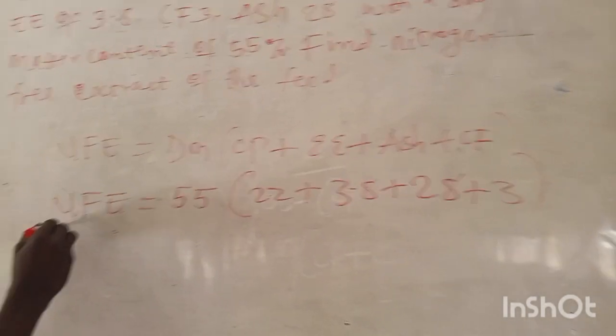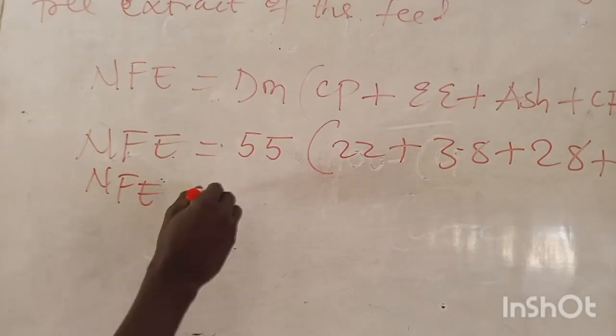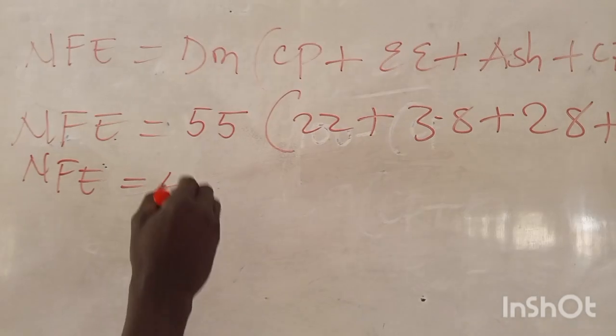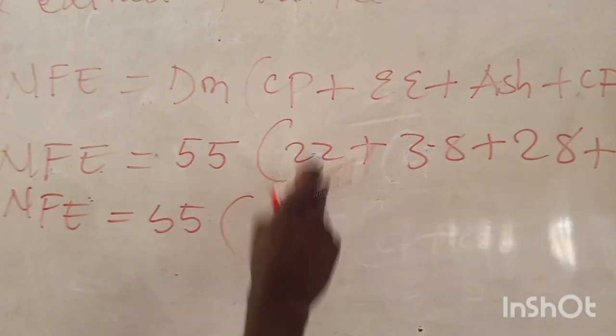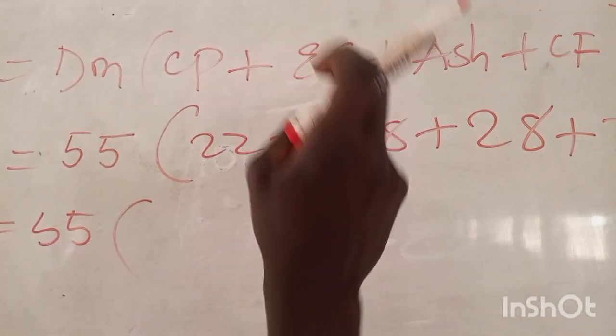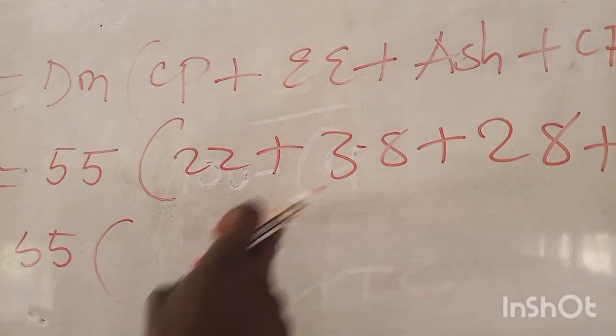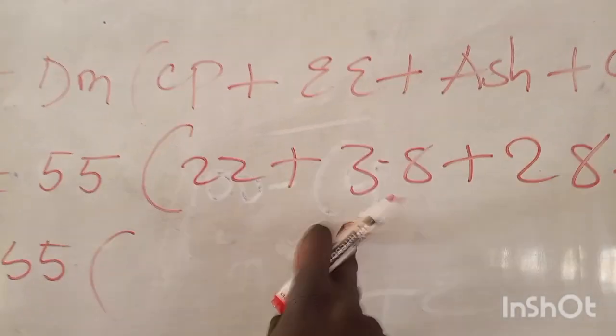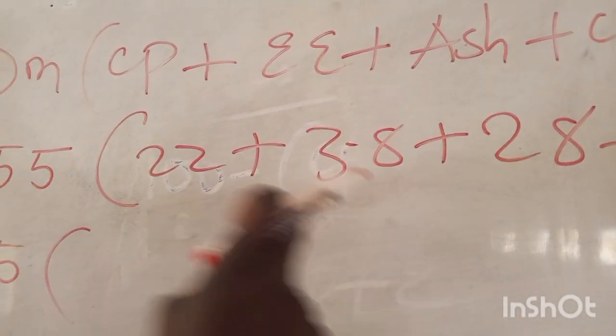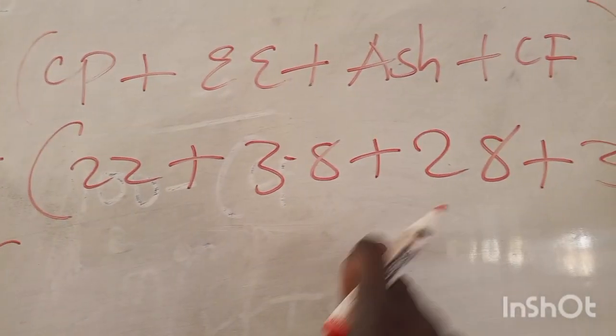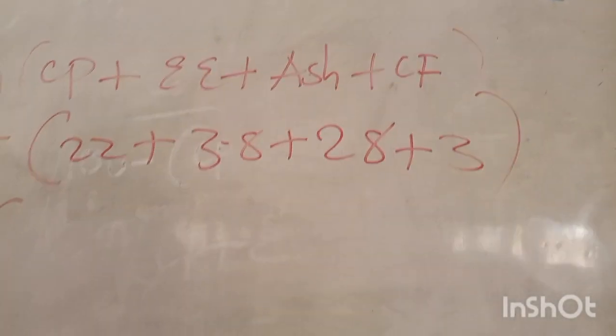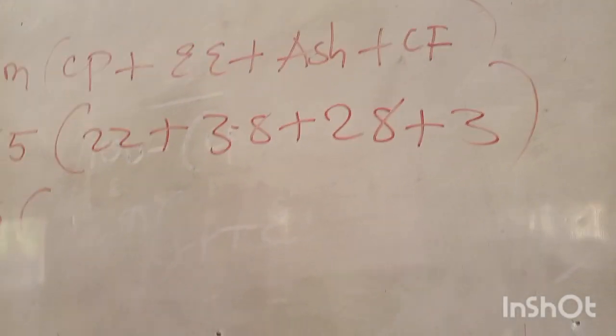So we say that NFE is equal to 55, open bracket, 22 plus 3.8 is 25.8 plus 28. Let me use my phone so that we can be very fast with it.